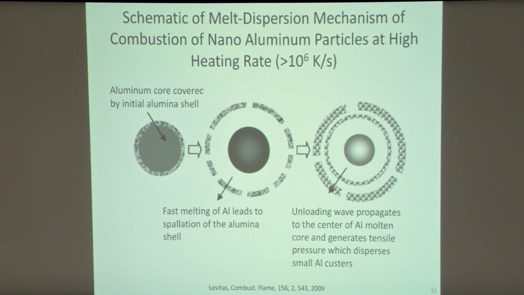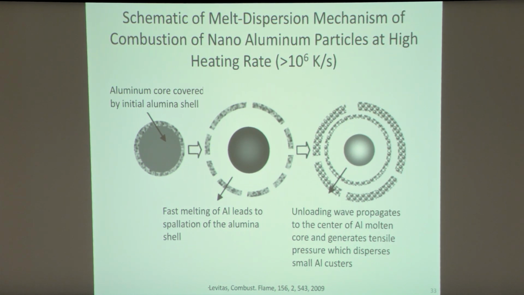So I can build up an internal pressure as the particle's heating up. And that internal pressure can crack the oxide layer. And if it cracks the oxide layer, then I can have molten aluminum diffuse through that crack towards the oxidizer, and it can react with oxygen to release heat. And that process could continue to slowly raise the temperature up to the ignition temperature.